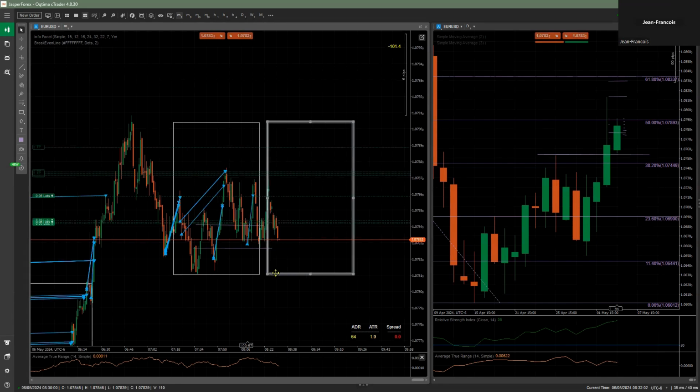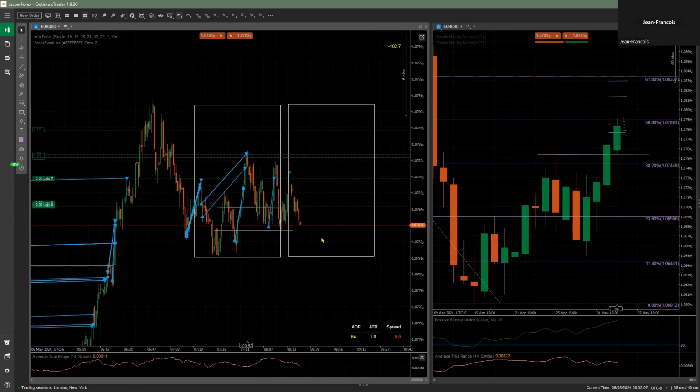And every time I tried, the breakout was either false or did not lead to where I thought it would. And so it ended up shattering my expectations. This fulfills my expectations over and over and over again.